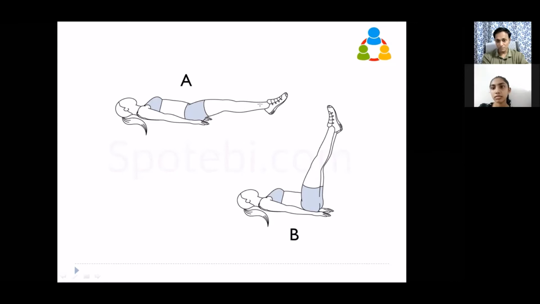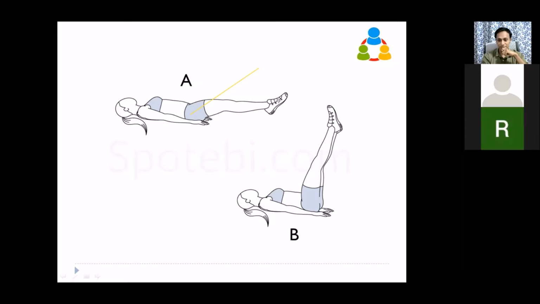So instead of this position, let me ask you: if the position of the leg was like this, is this tougher or is this tougher? Is the original position tougher, or this new inclined position? Inclined. Okay, others? When you do the real exercise, when your leg is like this, is it tougher or is this tougher?